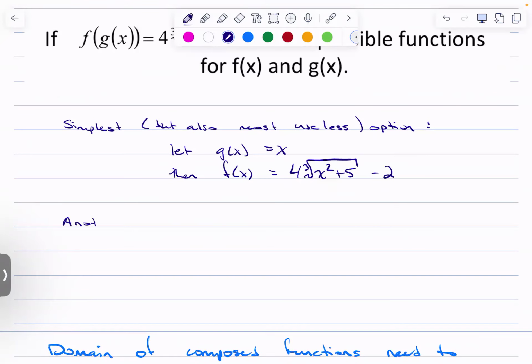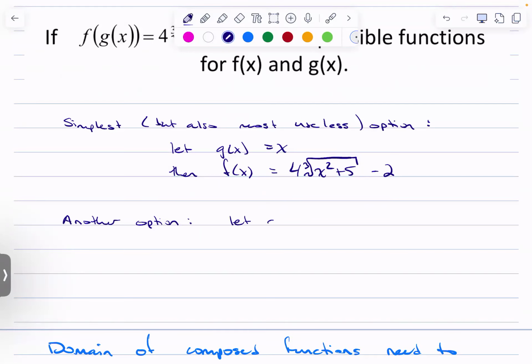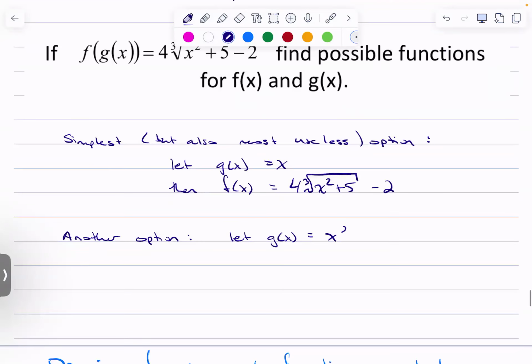Another option, we could make g of x take up a little bit more space. And I know it's tempting, x squared. That's tempting too. How about x squared plus 5? Right? So then, if we let g of x be x squared plus 5, then f of x would be what?